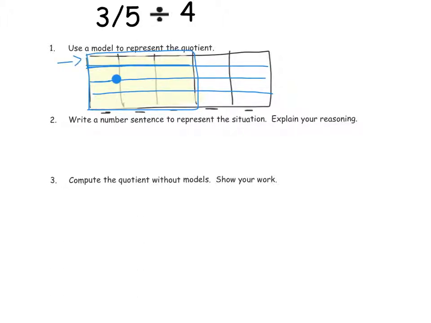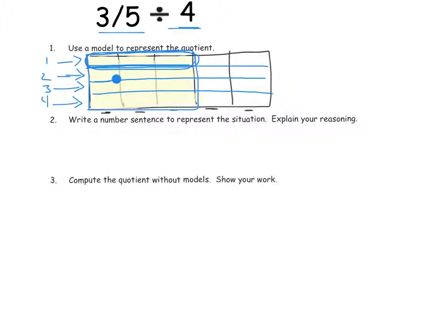So if we're splitting 3/5 of a pizza between 4 people, one person would get this, a second person would get this part, a third person would get this part, and a fourth person would get this part. So this right here is really what one person is going to get.